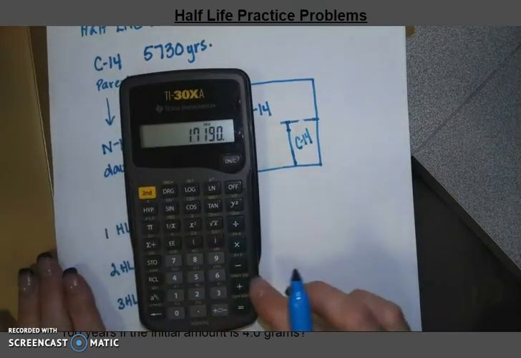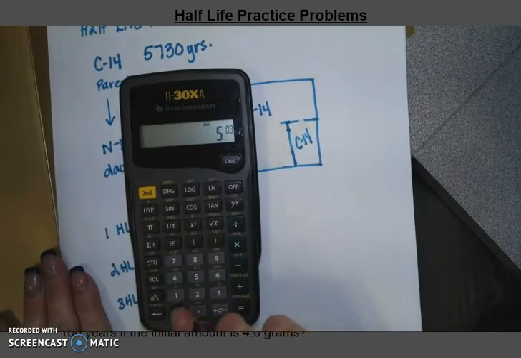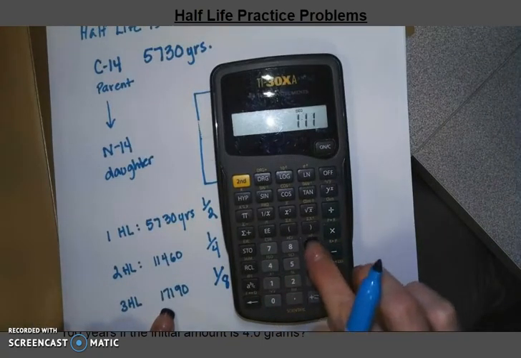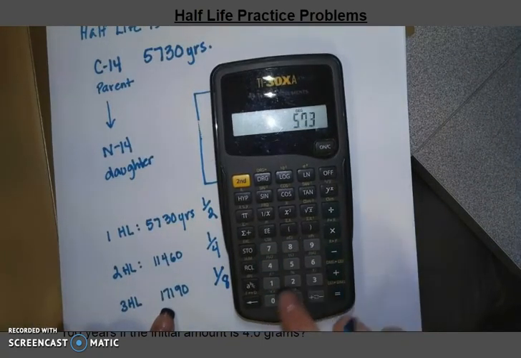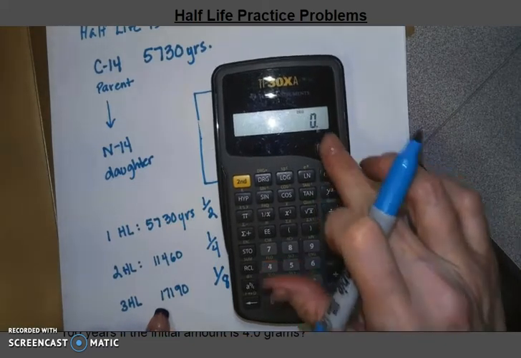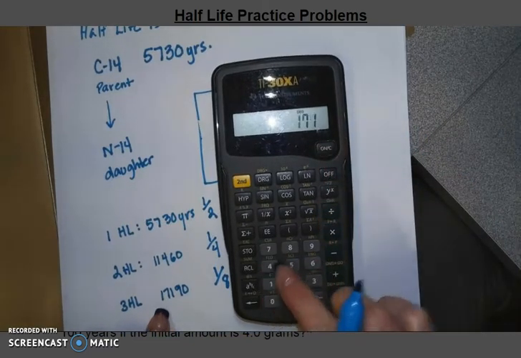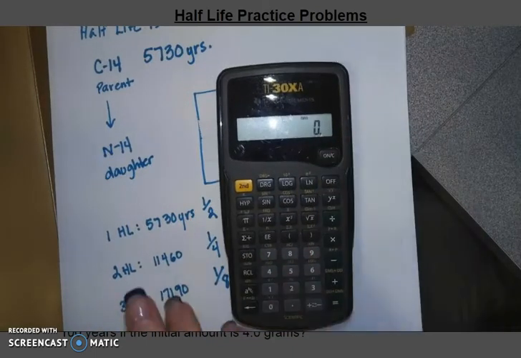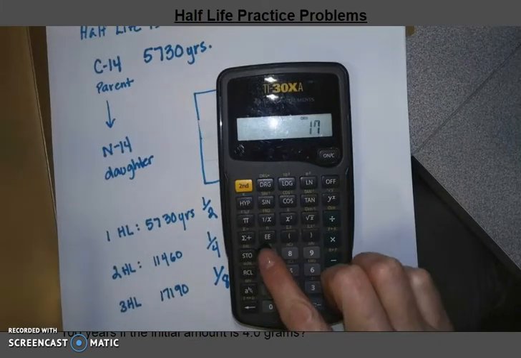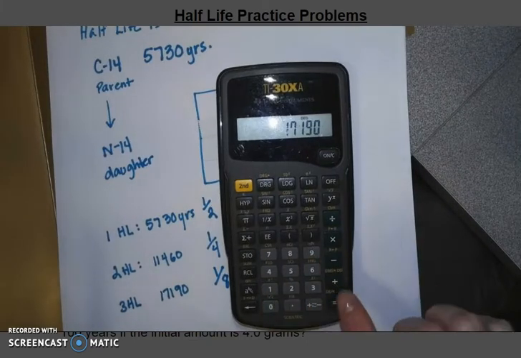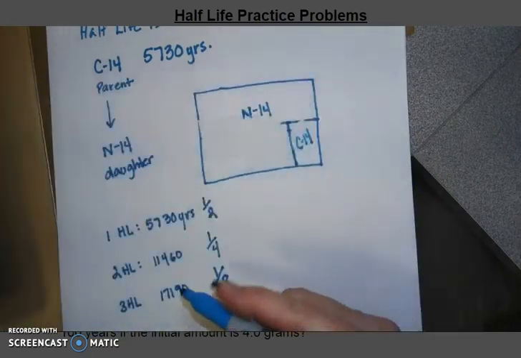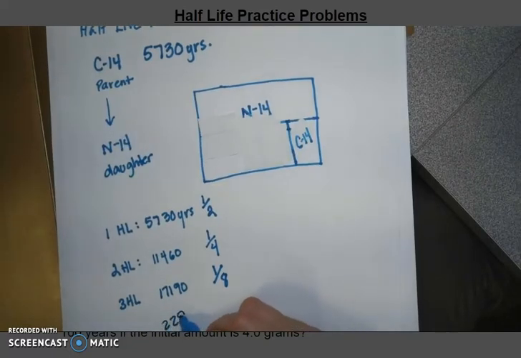Another 5,730 years later. Oops. Well, we start with 17,190 plus 5,730. That's not right. Apparently I cannot use my fingernails. 22,920. That's 4 half-lives.